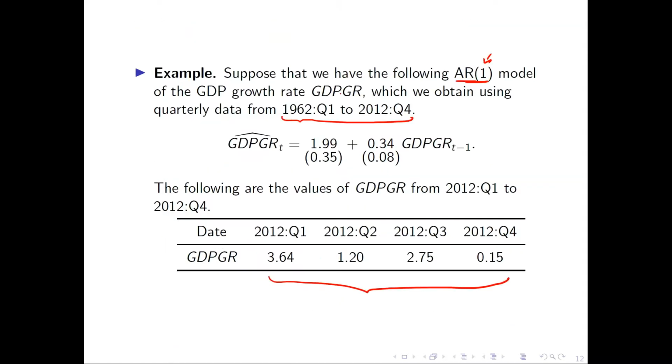Remember that we only have data until 2012 quarter 4, so now we have to forecast 2013 quarter 1 and 2013 quarter 2. So we have a two-step forecast in this case. The value of the GDP growth rate in 2012 quarter 4 is 0.15.